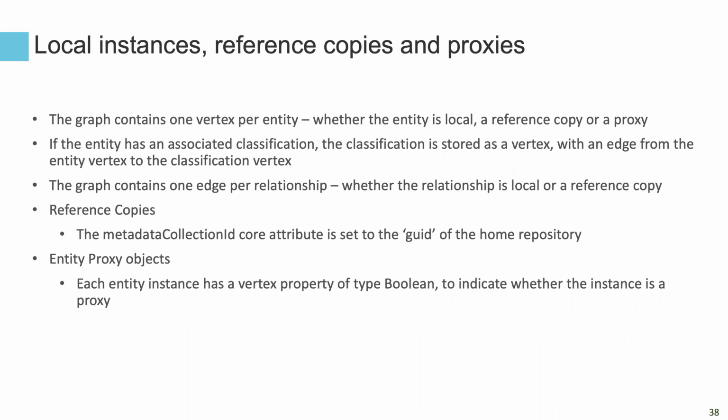So we know where the owner is, and we know that this is only a reference copy, and we will not update it when we shouldn't. Similarly, with entity proxy objects, any vertex that's being used to represent an entity proxy just has an additional property, of type Boolean, which tells us whether it's a proxy or not. If you think back to those pictures where we were doing the distributed relationships between entities.